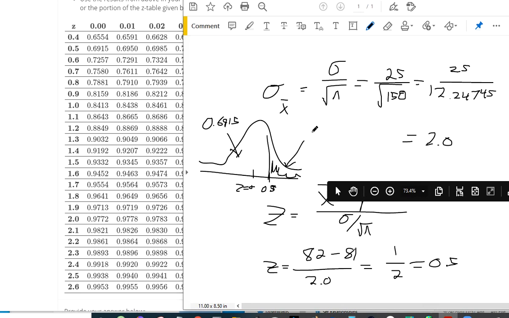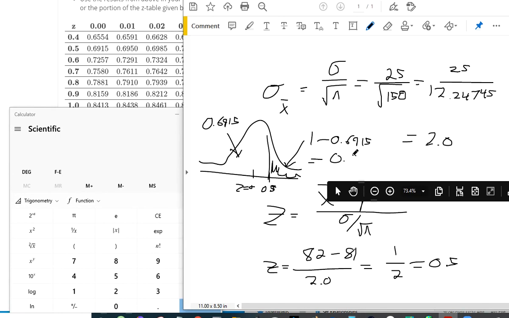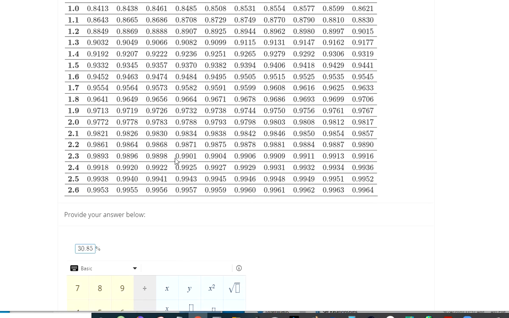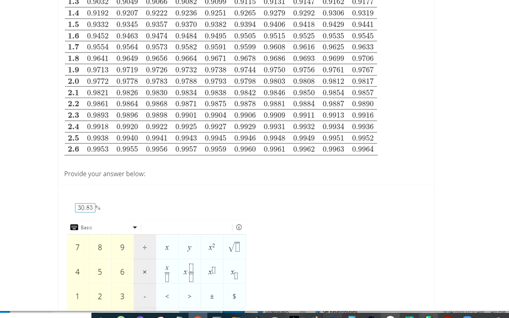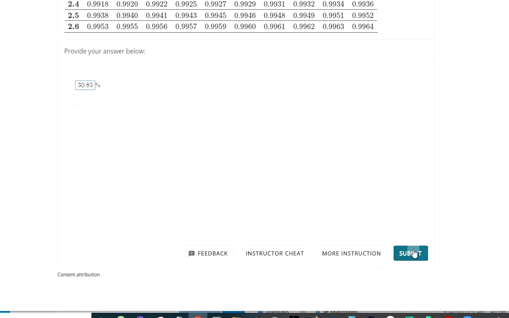So that means this area is 1 minus 0.6915. So it gives us 0.3085, which is 30.85%. Right? They asked for a percent in this one, not a probability. So I converted 30.85 to a percent by moving the decimal place twice.